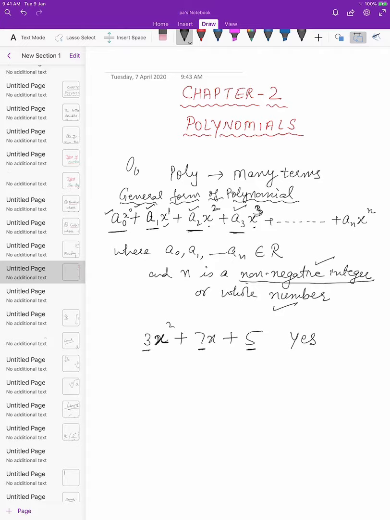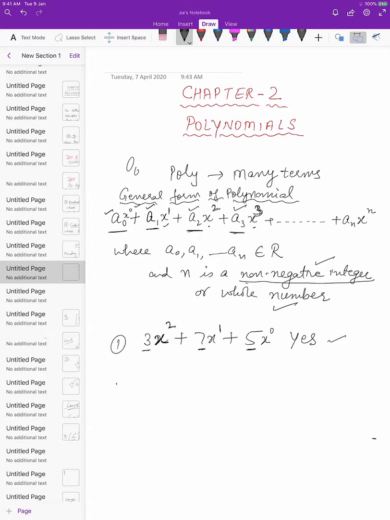What is the power of x in this term? It is 2. Power of x in the second term is 1. In the third term, there is no x available here, so I can write it as x to the power 0. It means that the power of the variable in the third term is 0. So what do we have as the powers of the variables? We have all non-negative integers. So we can say yes, it is a polynomial.